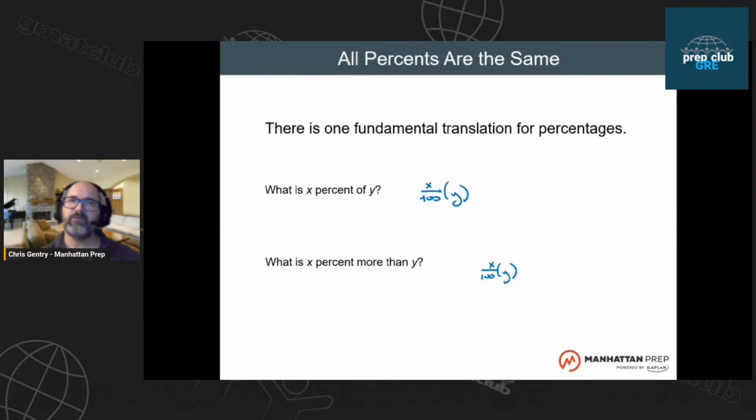If it's percent change, you are taking your piece, that X percent of Y, and applying it back to your base value. So this would be Y plus X over 100 Y, which, in an algebraic representation, you would commonly factor out Y and rewrite as Y times (1 plus X over 100).